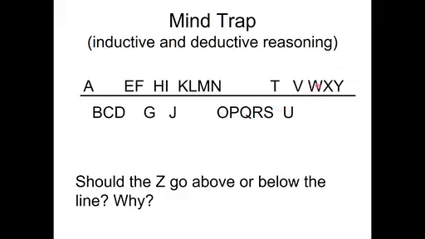Well, if that's a fact that all the letters with straight line segments go on the top and curves on the bottom, we know for a fact that Z has to go on the top because it's made up of only straight line segments. That would be a deductive approach to it. Establish some true facts, use those to solve for an answer.